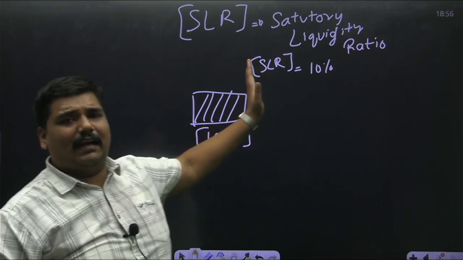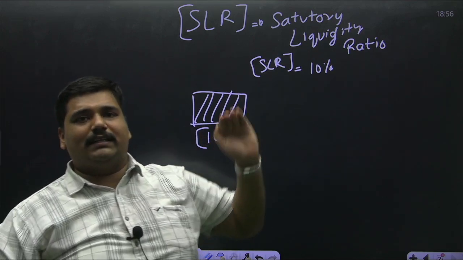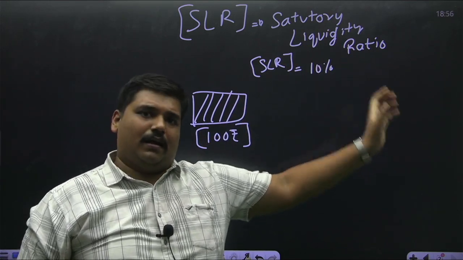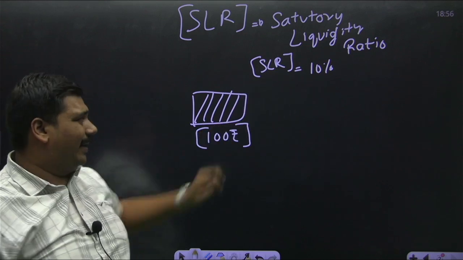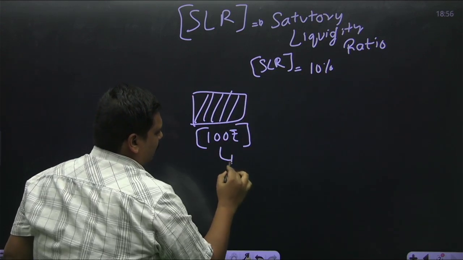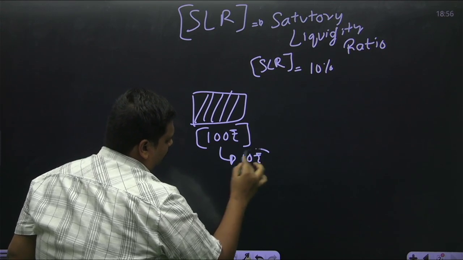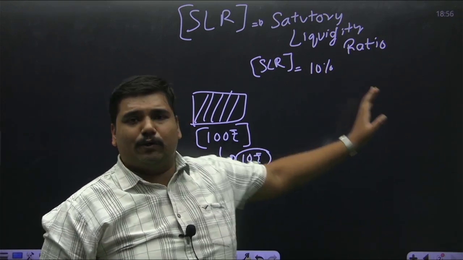Now this SLR is completely different from CRR. The bank first should deposit CRR with the Reserve Bank. The remaining amount is liable for SLR. Now SLR, according to this percentage, will be 10 rupees. This 10 rupees need not be submitted to the RBI.